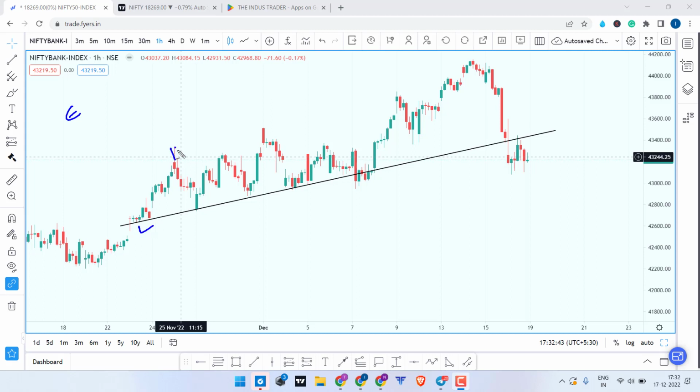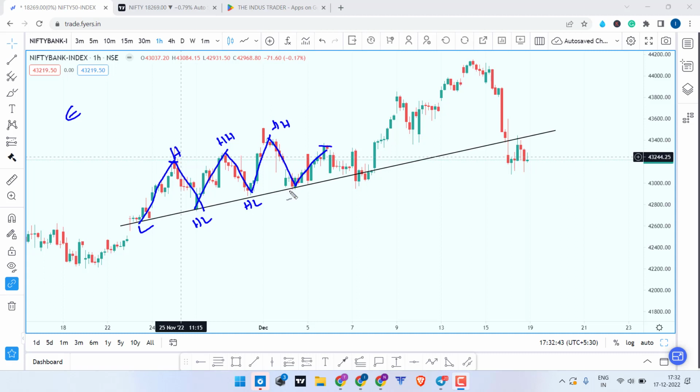This is a low and this is a high, and it gave a higher low. If you see again, this particular high is breached, so obviously it's a higher high. Again, this is a higher low followed by a higher high structure, and here it failed.